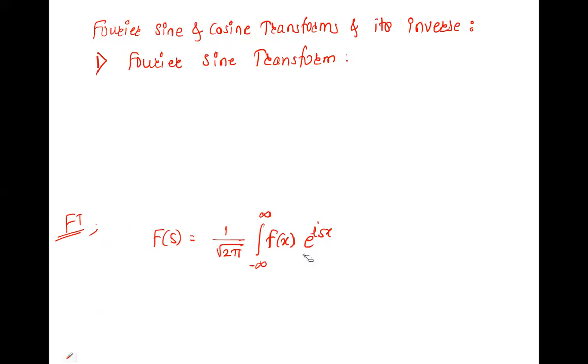But that e raised to isx I can write as cos sx plus i sin sx into dx. Is it okay? e raised to i theta is cos theta plus i sin theta.